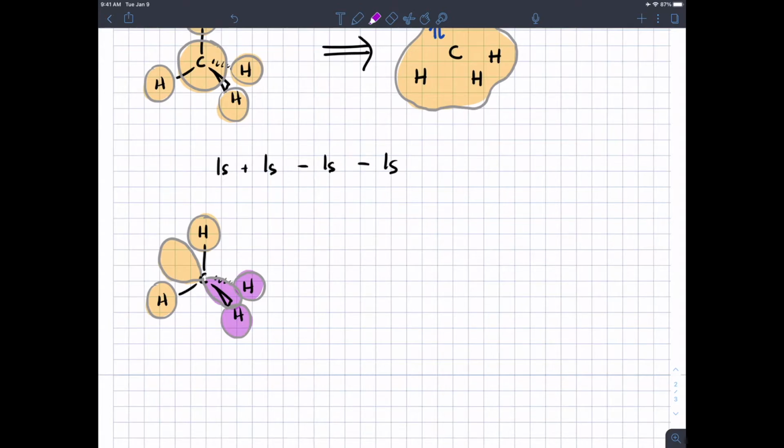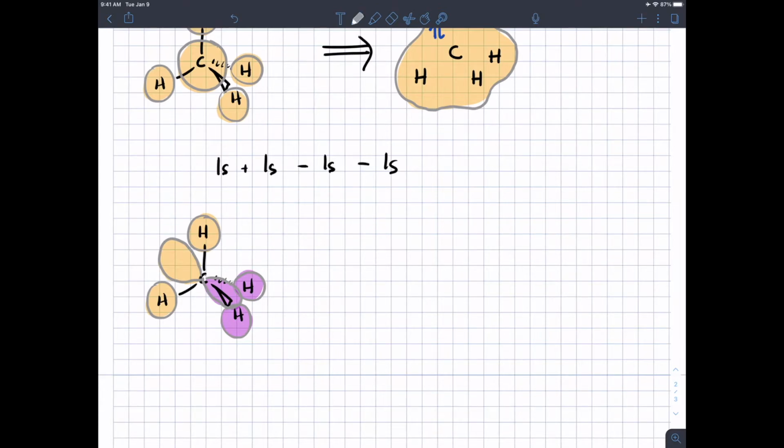Now, the way we've drawn this p orbital is in the plane of the page. The orange lobe bisects the space between these 2 hydrogens, the ones that are in the plane of the page. The purple lobe in our atomic p orbital is also in the plane of the page, and it bisects those 2 hydrogens on the other side, one of which is coming out of the page and the other going back into the page.